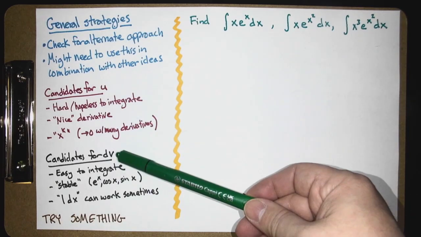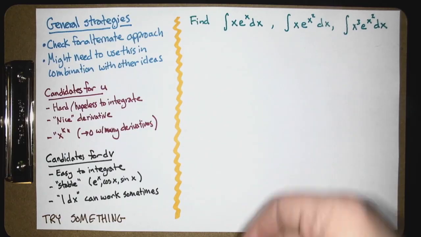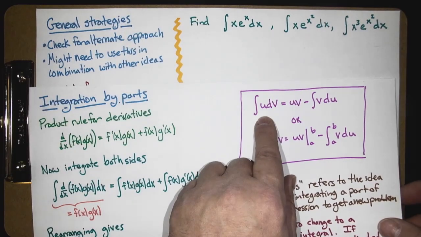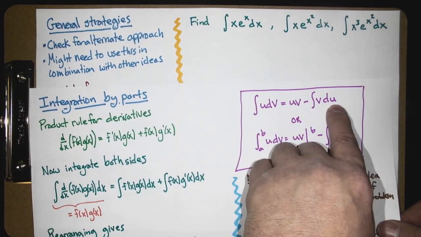Now, the last thing, and then we'll get into problems here. How do you find which things should be u and which things should be dv? There are various acronyms that people have come up with. I don't do that. I say, what makes a good candidate for u? Well, what's happening to u? If you go back to the formula, the u is going to be the thing you take a derivative of.